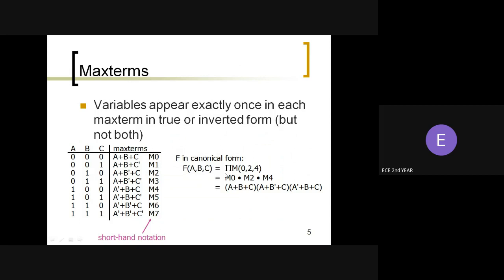And here one example is given, pi m of 0, 2, 4. 0 means it will be m0, 2 means it will be m2, 4 it will be m4. So you see here m0, what is the term here? A plus B plus C. And for the second term it will be A plus B bar plus C, and for the last term m4 it will be A bar plus B plus C.